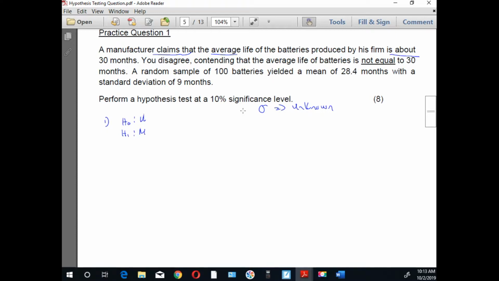The first one we know it's equal to, the other one is not equal to, and they said 30 months. Very simple and straightforward. And as long as we have equal and not equal to on our null and alternative, it's definitely a two-sided test because of this.